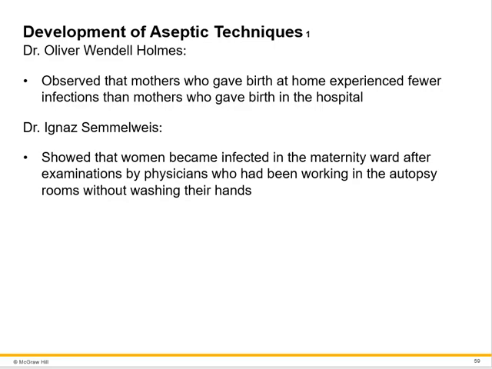So both of them figured out we need to wash our hands before we deal with pregnant women and other patients, and so they enforced hand washing in their physicians as a result. Not a very popular idea when they came up with this, because who wants to be told that you're the cause of people, especially mothers, getting infected?